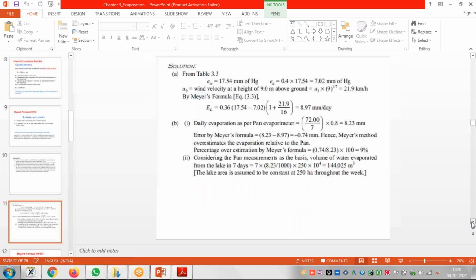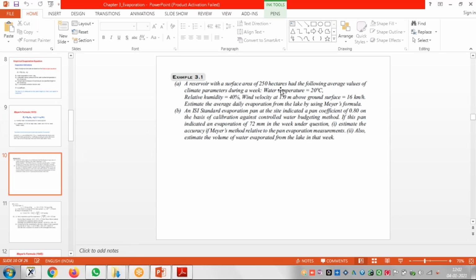So here some problem is given. See, simply, a reservoir is given, its area is given as 250 hectare, and the temperature is given, relative humidity is given, wind velocity 1 meter above the ground is given, that is 16 kilometer per hour. Estimate the average daily evaporation from the lake by using Meyer's formula.